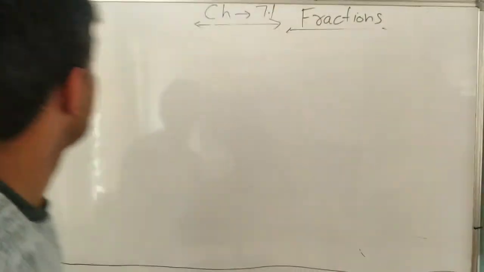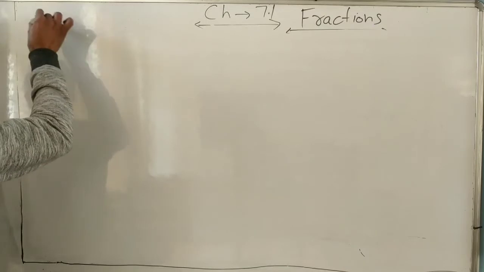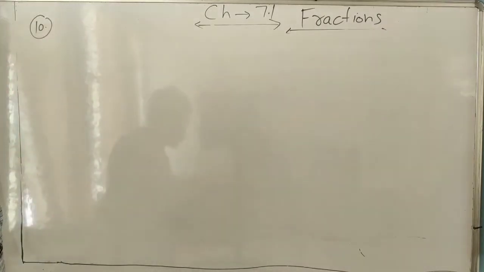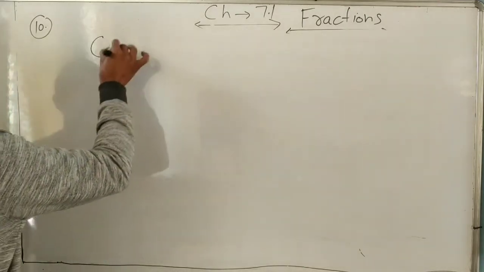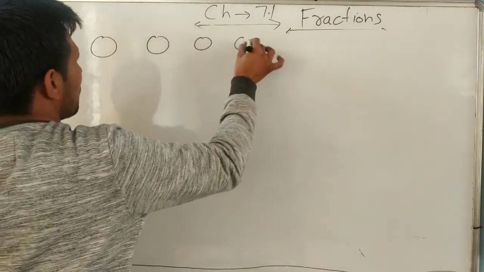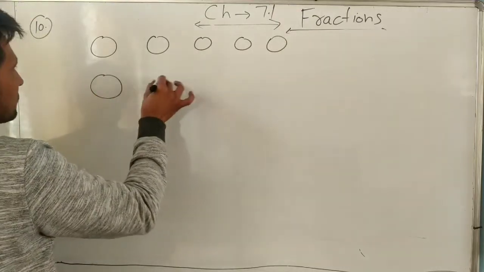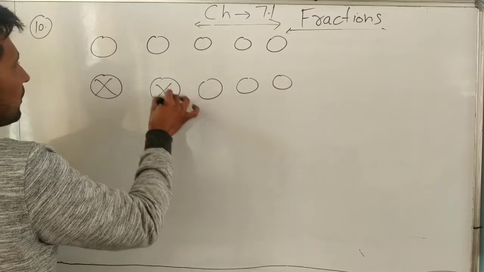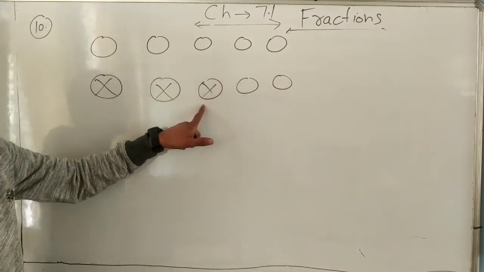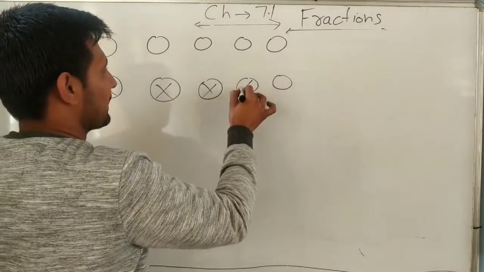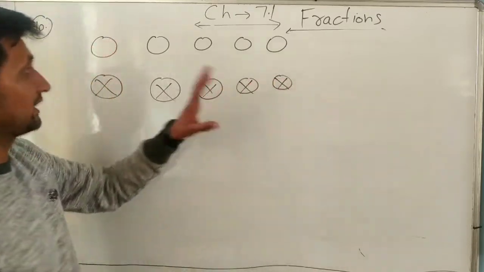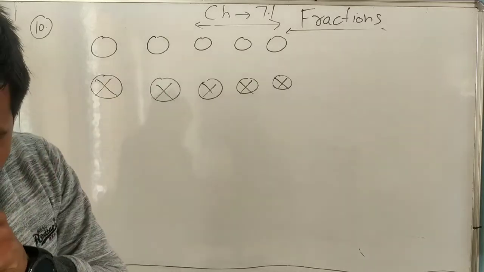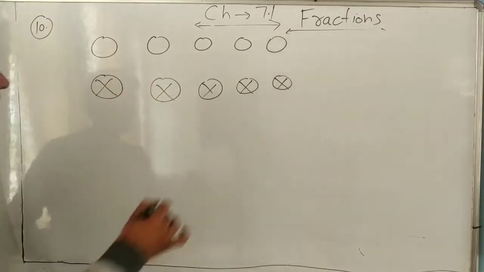Question number 10. What fraction of these circles have an x in them? So these are the circles given, 1, 2, 3, 4, 5 circles. And what is the fraction of x? Okay, all circles have the same size, but by mistake, because my marker is making some difference, but all circles are equal. Find the fraction of x circles.